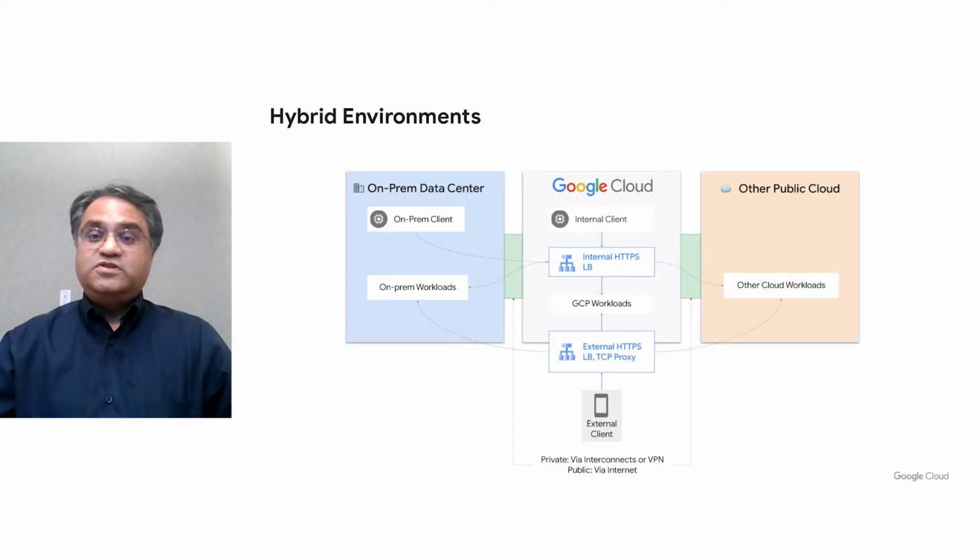Some of our customers choose to take a service-centric approach, whereby workloads on-prem are exposed as producer services that are accessible to clients and consumers on Google Cloud or even on other clouds. And there are multiple combinations of these that can be supported.